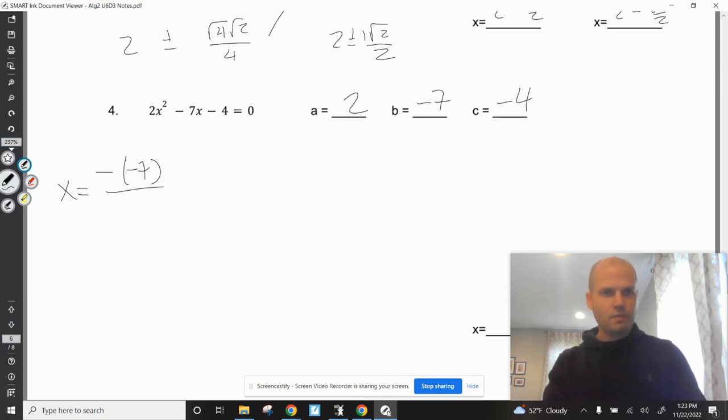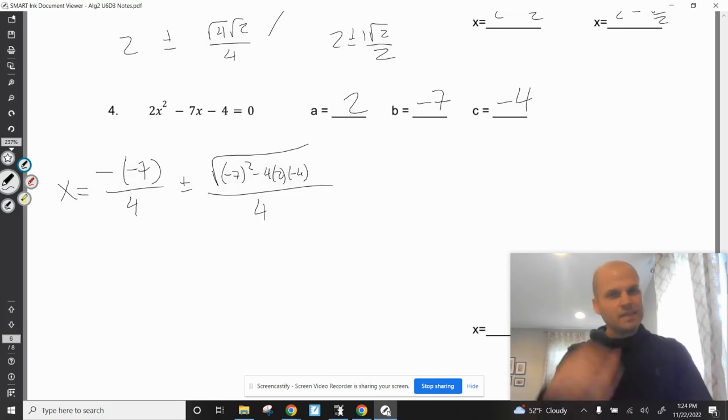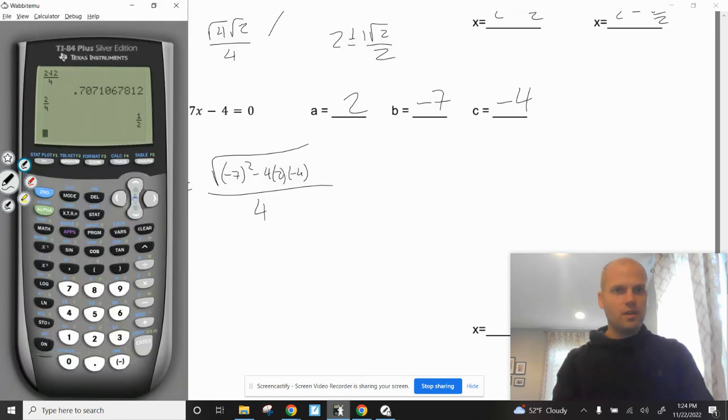Whatever can make things a little bit easier on you. Plus or minus square root of B squared minus 4 times A times C, all over 2 times 2. This is positive 7 over 4. Let's figure out what's in here.